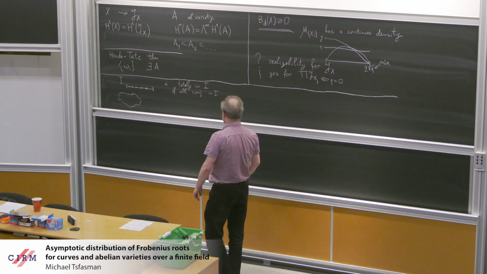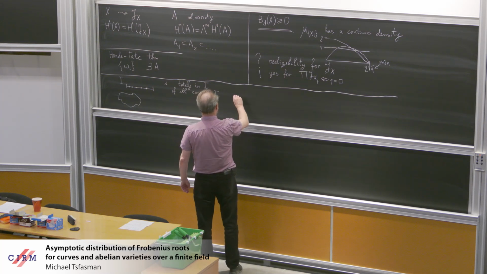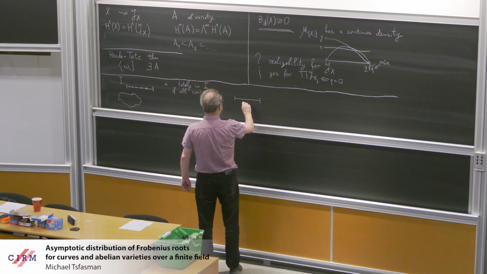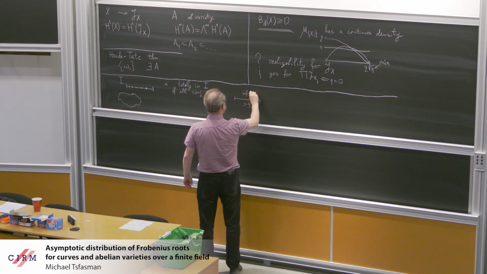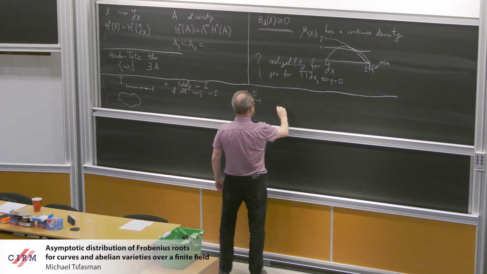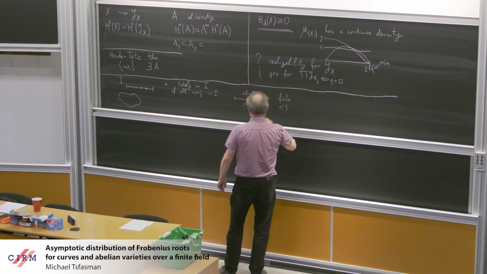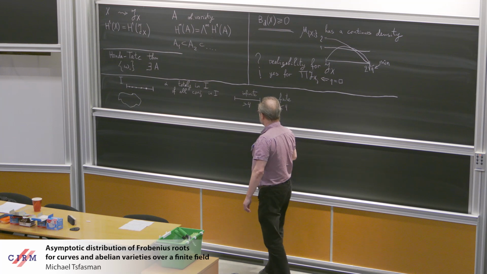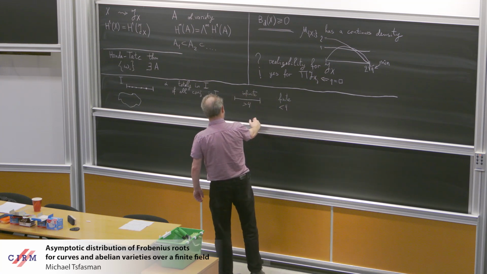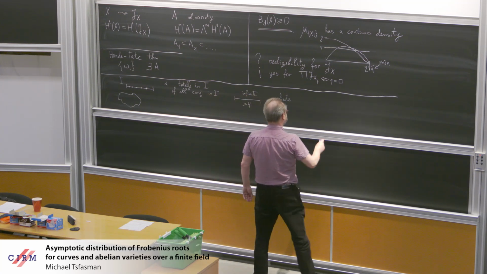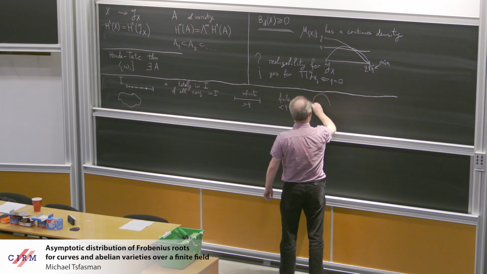And the difference is that if the length is greater than 4, then there is an infinite number, and smaller than 4, finite. I'll explain why. The reason is that, take a unit circle.